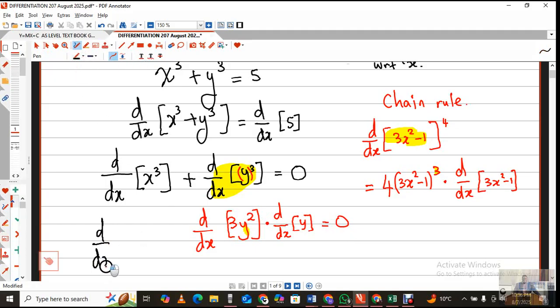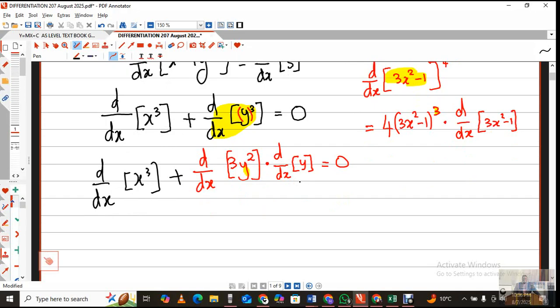So we have d by dx of x cubed, plus. To clean this up a little bit, this is obviously just 3x squared. Then here you have the derivative of y cubed, which we already calculated, and that is going to give me 3y squared.